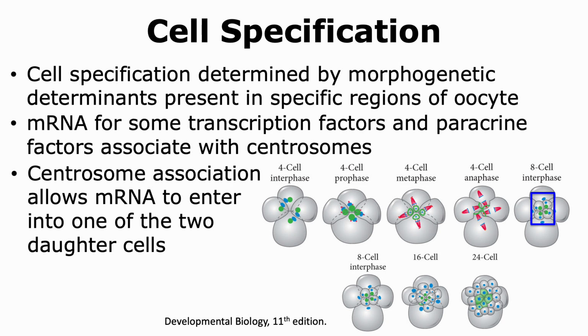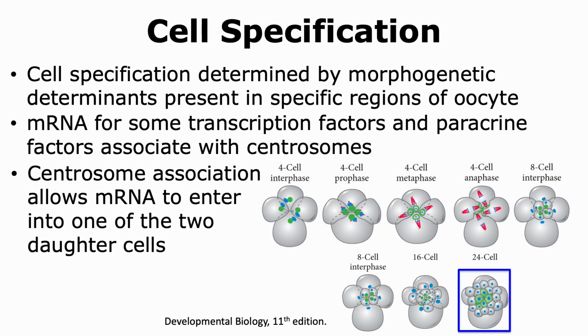Now when this 8-cell embryo undergoes another round of mitosis to form the 16-cell embryo, once again, because of the centrosome association, only certain daughter cells will get that messenger RNA. And this way, we are able to have morphogenetic determinants present in specific places of the developing embryo.